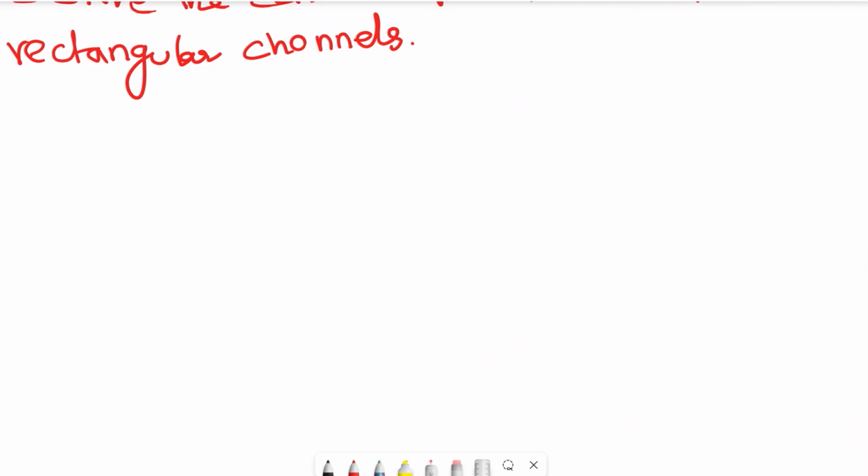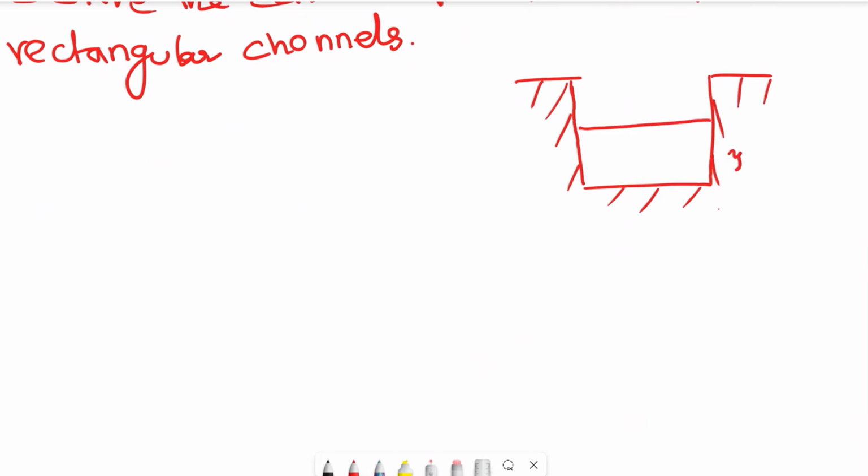So now I consider a rectangular channel of base width B. This is y, I assume it as yc. This is B. So now, what is the equation?